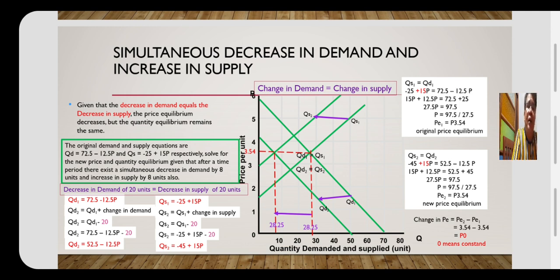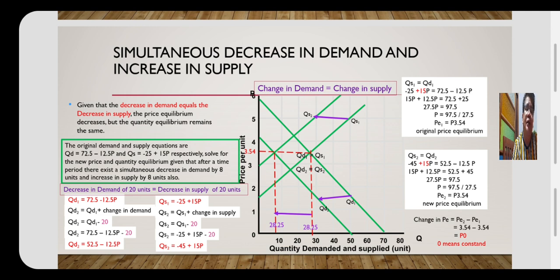What is clear to us now is that we have the new and original demand equations and new and original supply equations. The process of finding the price equilibrium, original and new, is the same as how we have solved it earlier, in the previous slides.